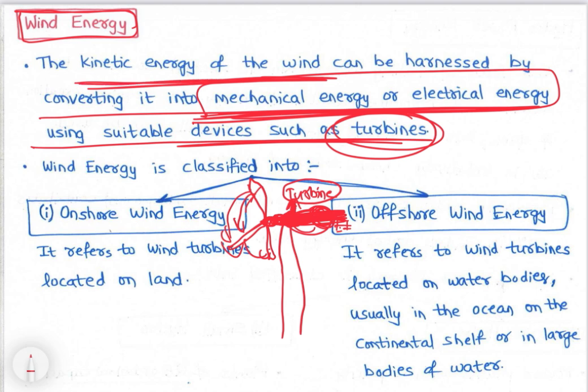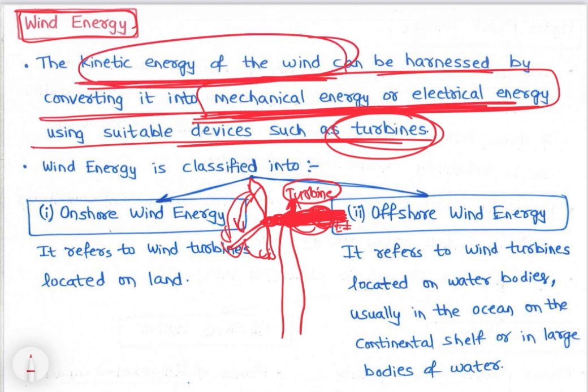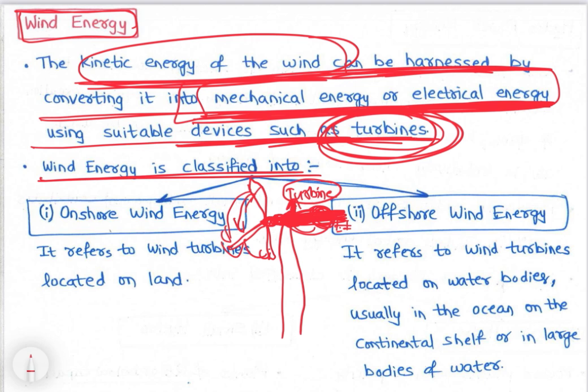So the kinetic energy of the wind is harnessed by converting it into mechanical energy or electrical energy using suitable devices such as turbines. So wind energy is classified into onshore wind energy, right?